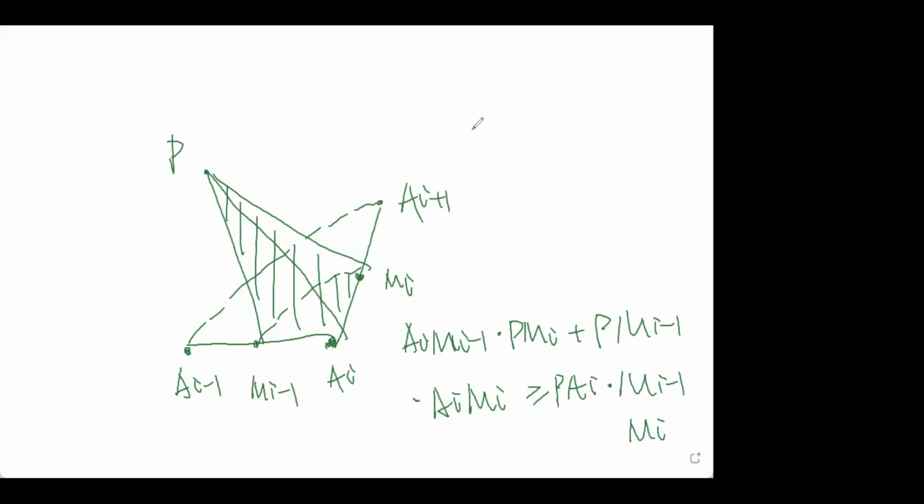It is a small jump here, but I think it's easy to understand that after tidying up, you will get PM_i plus PM_{i-1} be bigger than 2 cosine pi over n times PA_i.